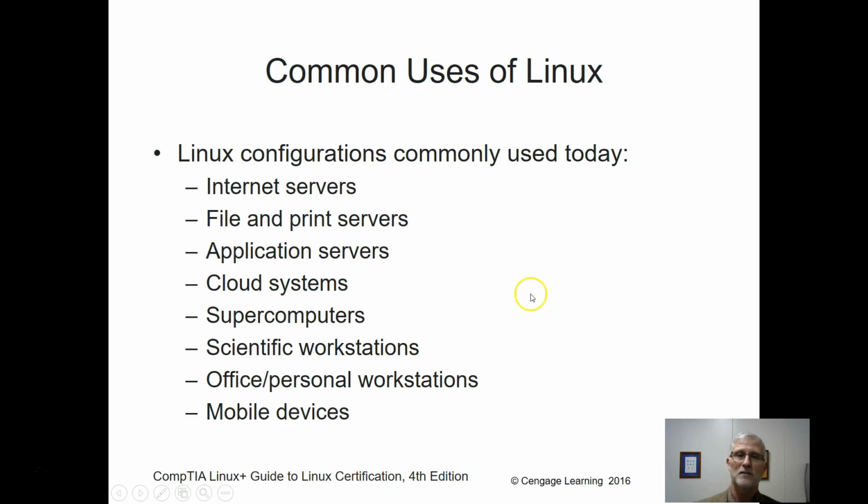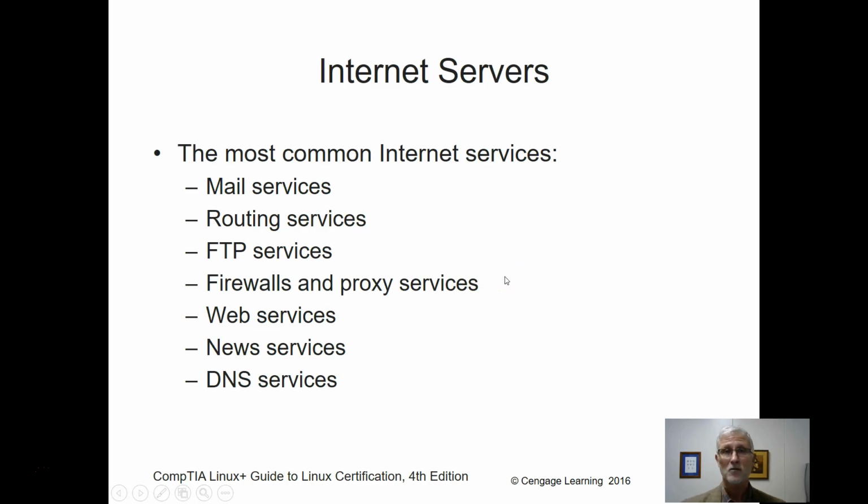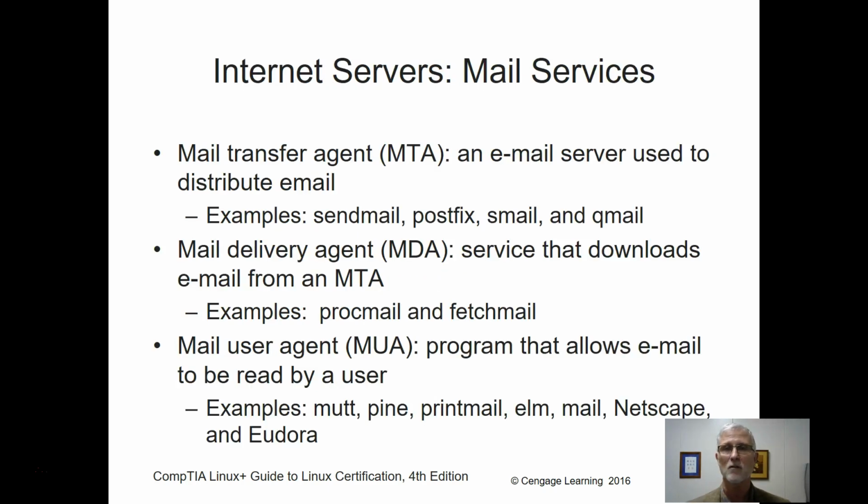Other common uses: internet servers, file and print servers, application servers, cloud, supercomputers, and mobile devices. Of course, internet servers give you different types of mail servers, routing, FTP, that's file transfer protocol services, security services, web, news, and DNS services. All of those things are running with Linux.